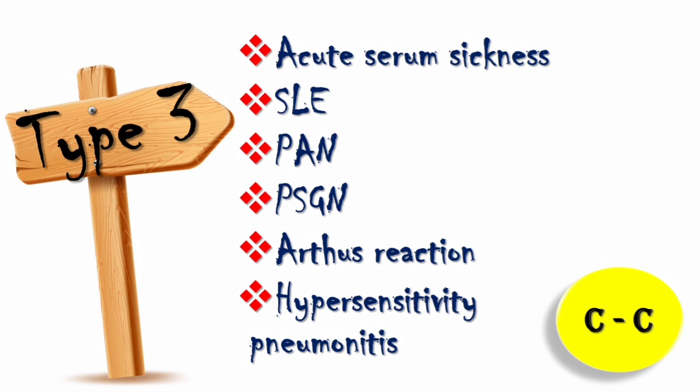Also, post-streptococcal glomerulonephritis comes under type 3, and IgA nephropathy comes under type 3, because there we can see immune complex deposits. So, serum sickness, Arthus reaction, hypersensitivity pneumonitis, post-streptococcal glomerulonephritis, IgA nephropathy, even polyarteritis nodosa can come under this, and SLE.